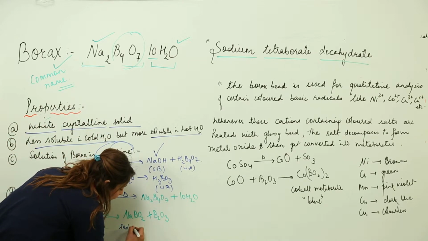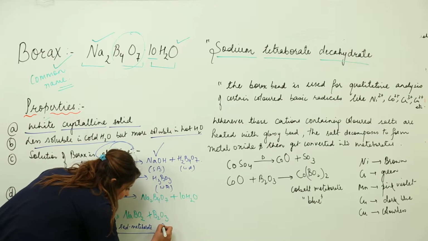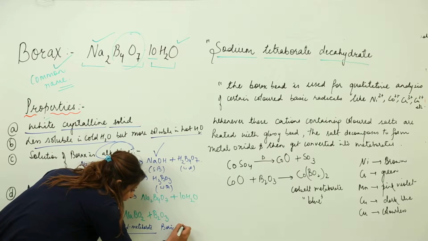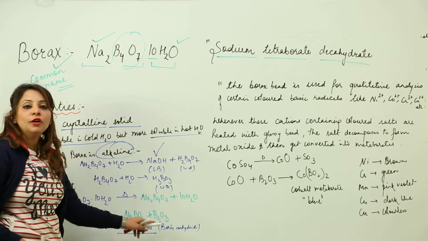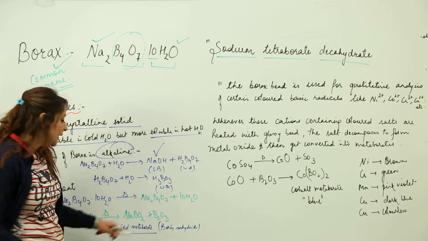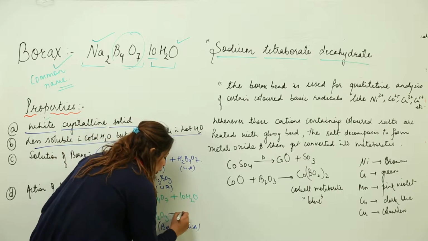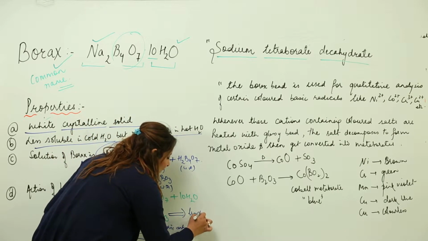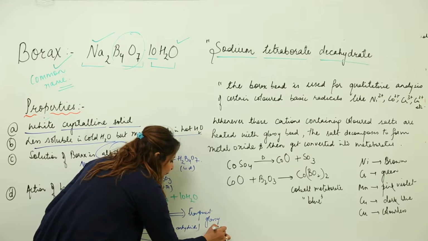This is sodium metaborate, and this is boric anhydride. You know that when we heat it, the mixture of these two, NaBO2 and B2O3, appears as a transparent thing, and it is called a transparent glassy bead.